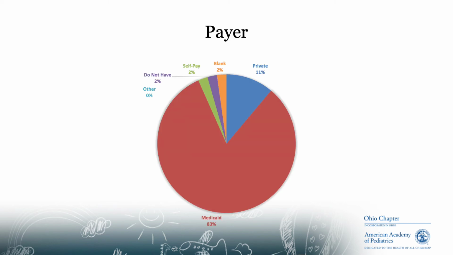This slide just shows a mix of payer. As you can see, this practice is a very large Medicaid population provider, and so we have 83% of patients where Medicaid was the payer.